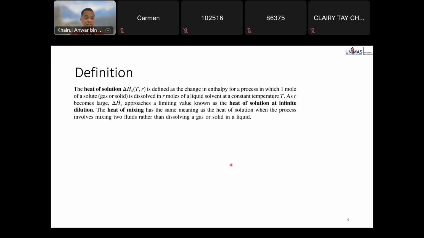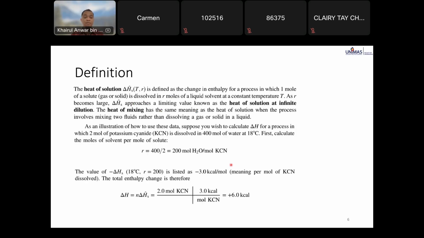Heat of solution and mixing. The heat of solution, delta H, is defined as the change in enthalpy for a process in which 1 mole of a solute gas or liquid is dissolved in r moles of a liquid solvent at a constant temperature T. As r becomes large, delta H approaches a limiting value known as the heat of solution at infinite dilution.